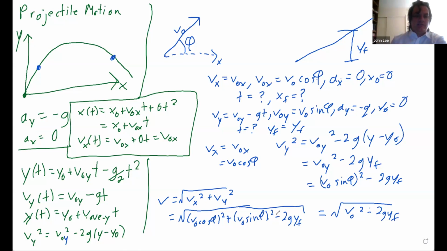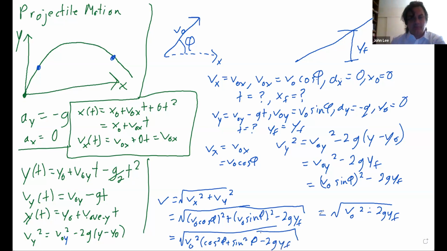So v naught squared times cosine squared phi plus sine squared phi, minus 2g yf, is going to give you this expression right over here. Okay, so that ended up taking a lot longer than I expected, but it is useful to know.